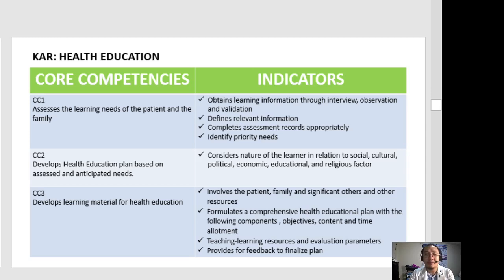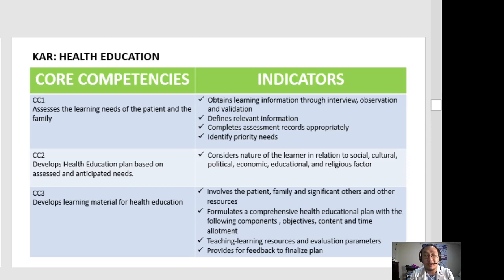Okay, so here are the following core competencies and indicators under this key area of responsibility. Number one, we should always assess the learning needs of the patient and their families. The indicators are the following: obtains learning information through interview, observation, and validation.